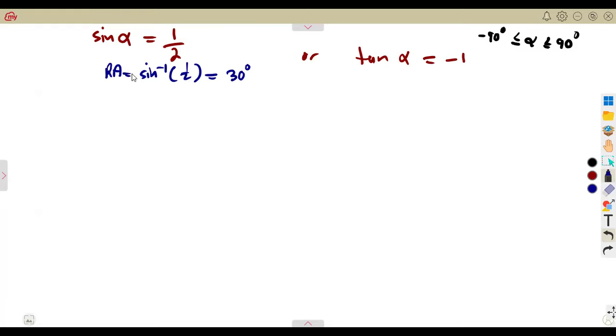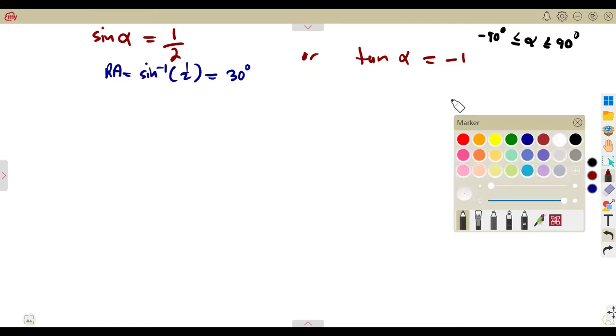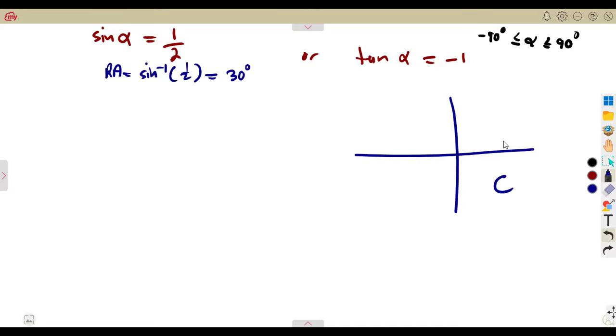So the question is, where are we going to obtain 30 degrees? I mean, a half, which is positive, from -90 to +90 from our quadrants. Remember the CAST. In which quadrant are we having sine being positive?